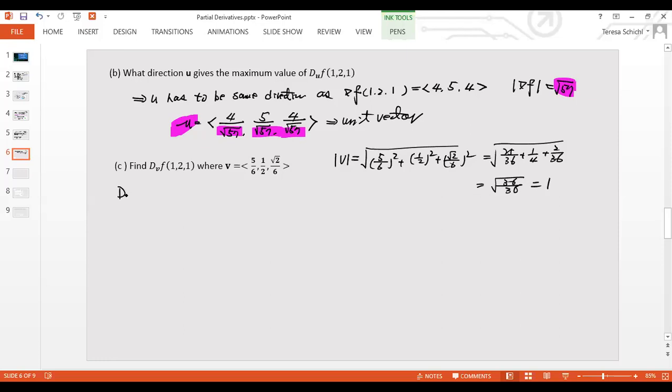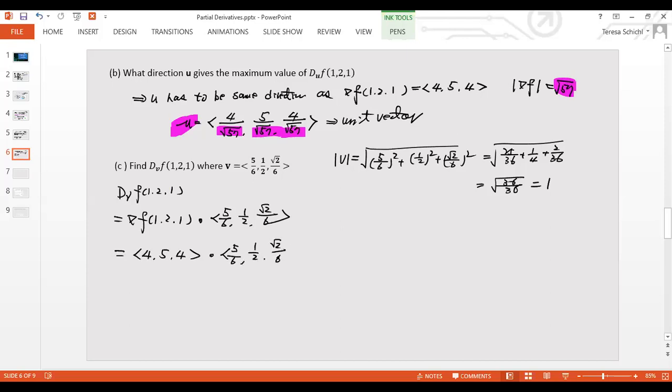Okay, so now I can do that. I know the directional derivative D_v f at (1, 2, 1) will just be the del f at (1, 2, 1) dot product with (5/6, 1/2, square root of 2 over 6). We know del f is (4, 5, 4), then dot product with (5/6, 1/2, square root of 2 over 6).